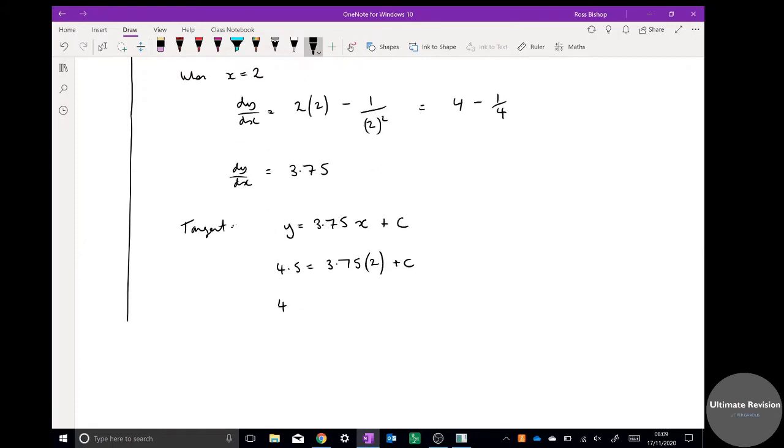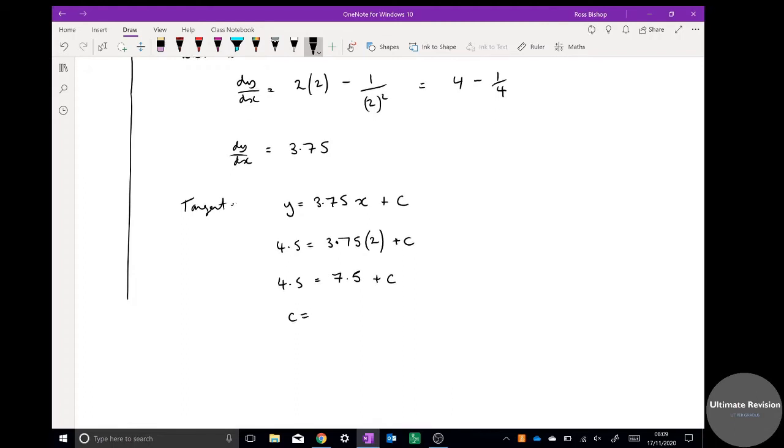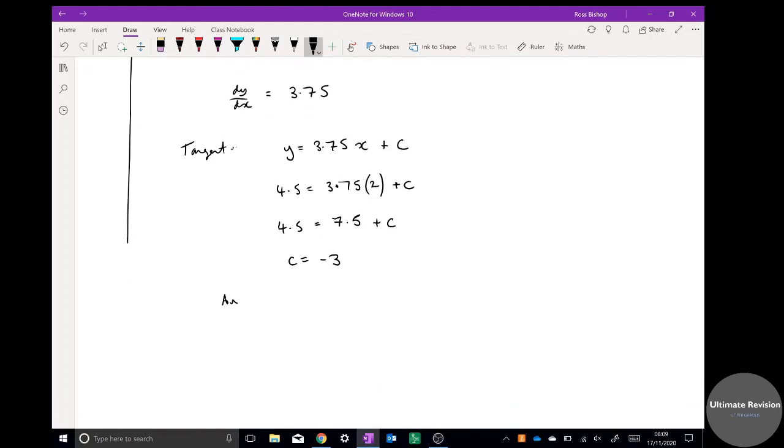This could be a non-calculator paper, so I need to be able to double that. That's going to be 7.5, plus c. c is going to equal -3. So my final answer, y equals 3.75x minus 3. And that is the equation of the tangent.